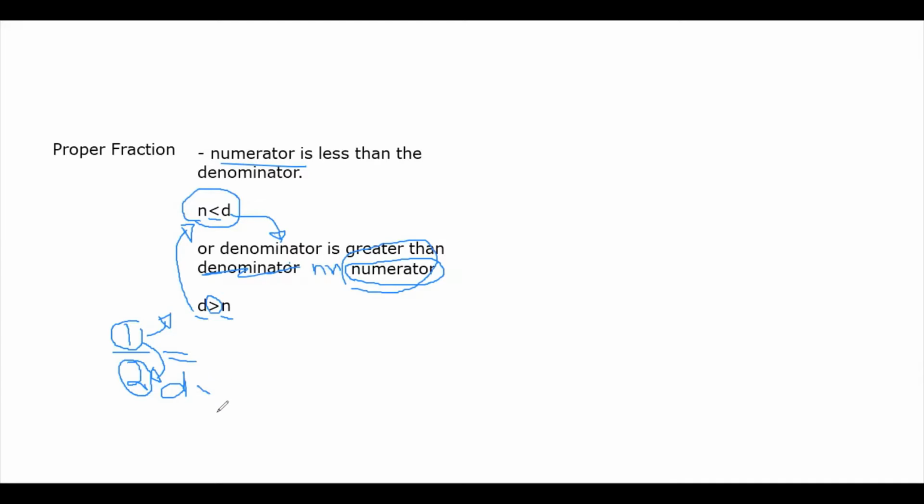For example, if we have 1/0, it is not a fraction. Why? Because the denominator should not be equal to 0. Because there's nothing that you can divide by 0.